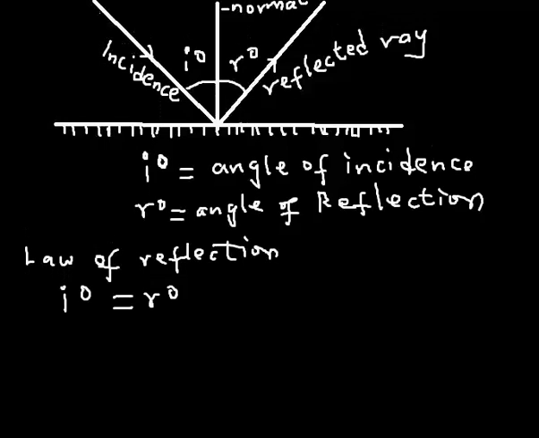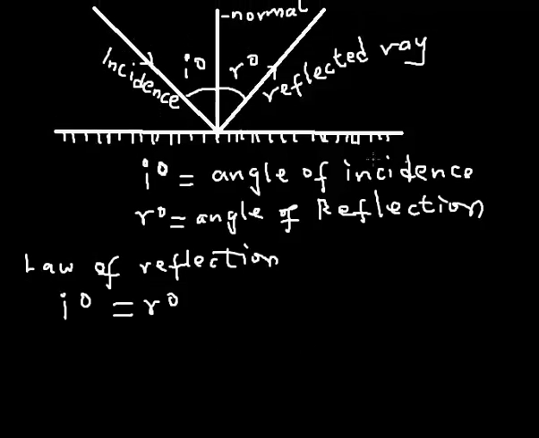Apart from this, there's another angle that I can express. I'll call it theta. This is the angle that either the incidence or the reflected ray makes with the reflecting surface. This angle theta is what we refer to as the glancing angle.